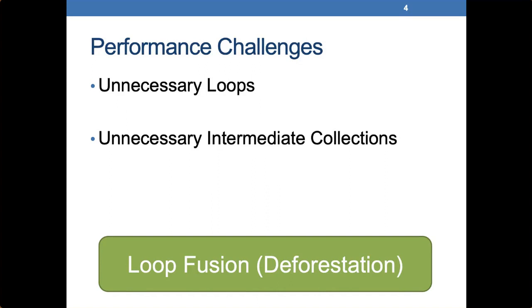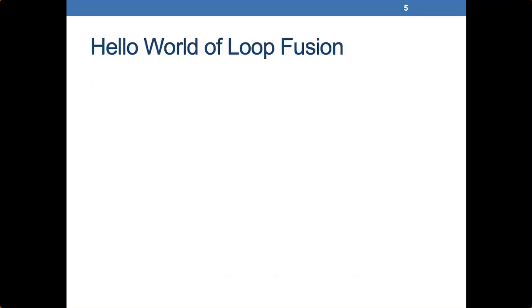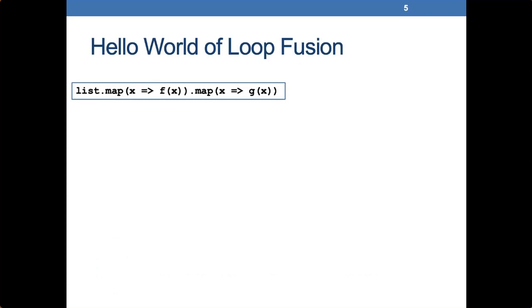So let's first start with the hello world of loop fusion, which is basically we have a list, we are doing two maps over it, meaning that we are doing a map which applies function f over the elements of the list, and then on the result of that, we are doing another map which applies function g over this intermediate list.